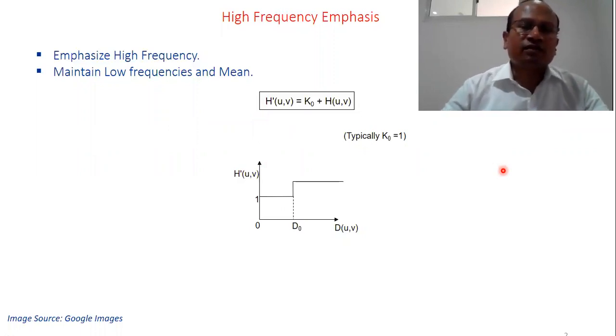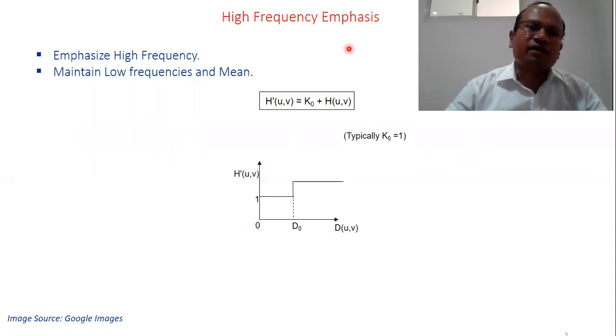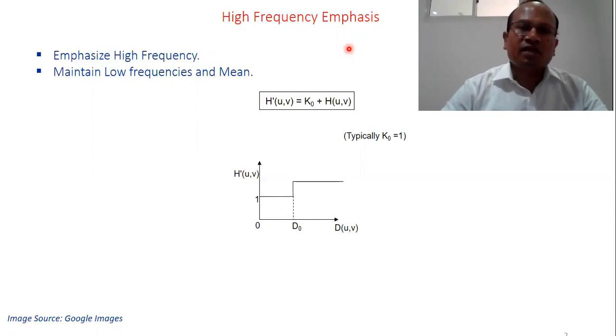So this is another one, the high frequency emphasis system. We have seen low pass filtering and high pass filtering in frequency domain. We have discussed ideal low pass, Butterworth low pass, and Gaussian low pass.